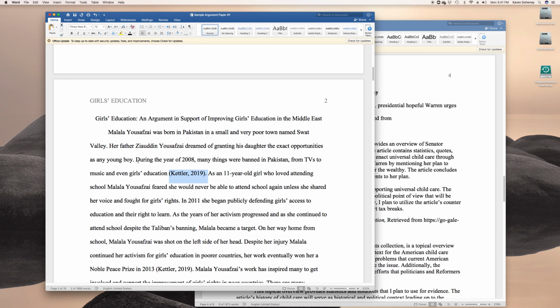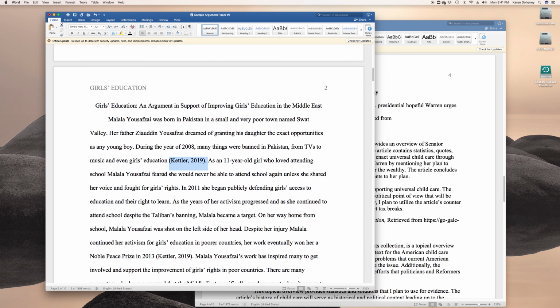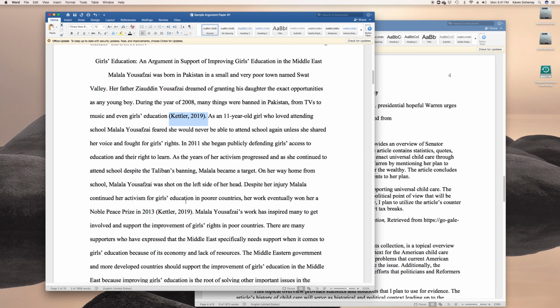So the sentence starts here at during, goes all the way through, open parenthesis, Kettler, comma, publication year, end parenthesis, and then period, okay? And then there's no need for this also to appear anywhere else in the sentence, okay? You see it again down here, same thing, okay?